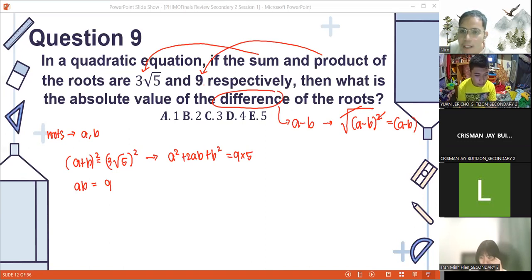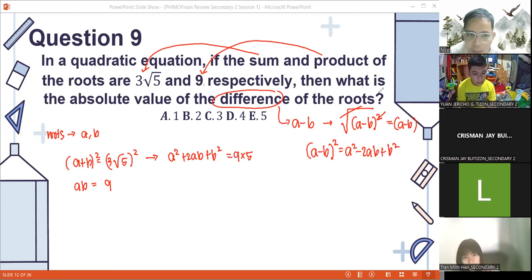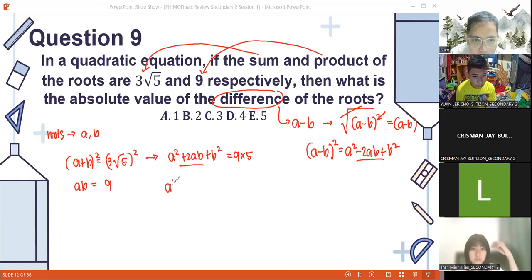So what are we going to do next? We subtract. If you have a minus b squared, that is a squared minus 2ab plus b squared. But this is plus, then this is minus. So we have a squared plus 2ab minus 4ab plus b squared.